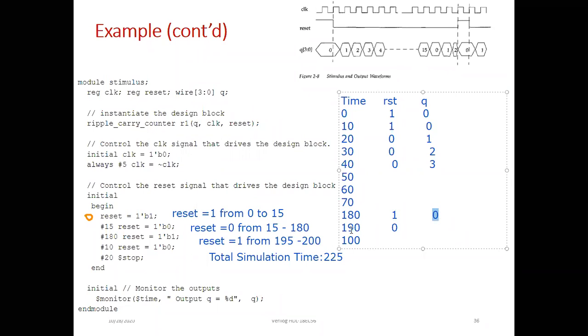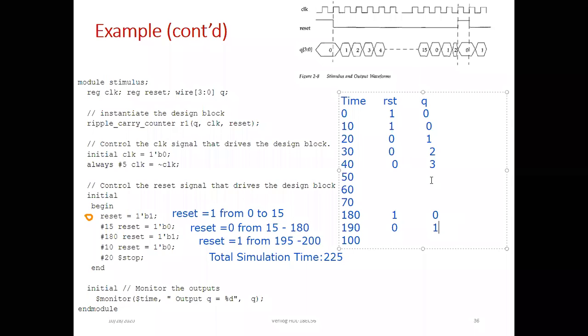Next, at time 190, that is 180 plus 10, after 190 reset goes to 0. When reset goes to 0, what is Q now? Previously Q was cleared to 0, so now the counter will start to count again. So I'll get 1. From here again I'll get 1, 2, 3 like this.